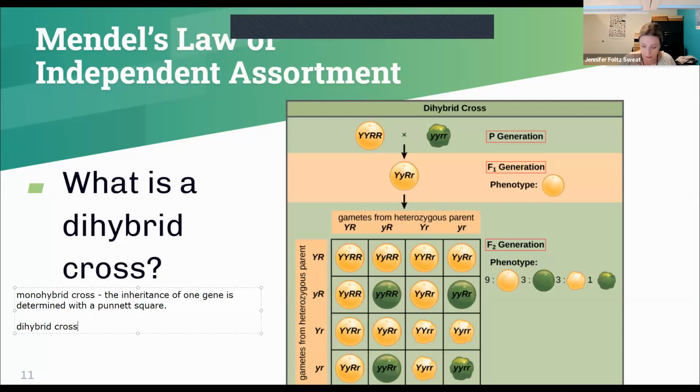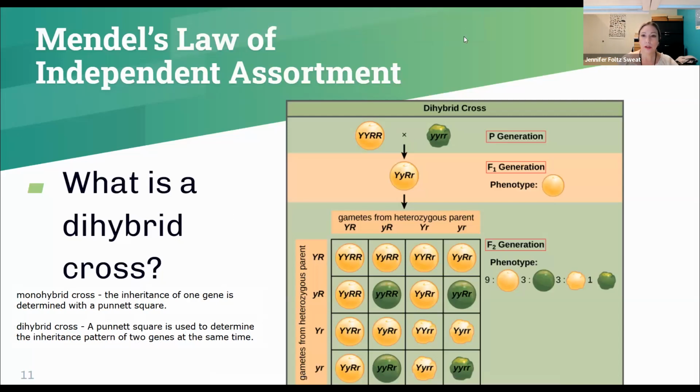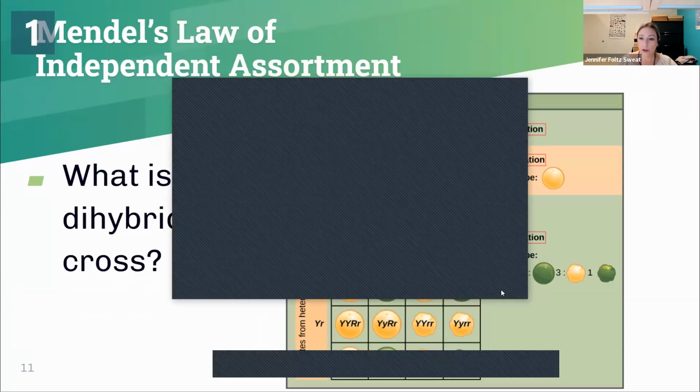You are looking at the inheritance pattern of 2 genes at the same time. There you go. So now we will talk about the law of independent assortment.